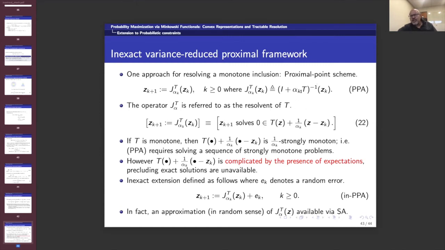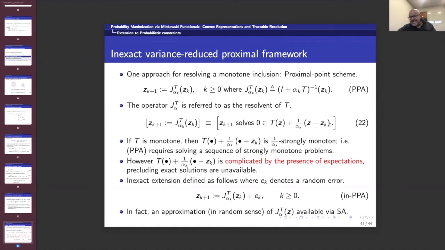This is just a compact way of saying that z k plus 1, which is the resolvent, is a solution of this strongly monotone inclusion problem. Okay? So it's a solution to the problem where 0 lies in T of z, which is the original monotone operator, plus z minus z k divided by alpha k.